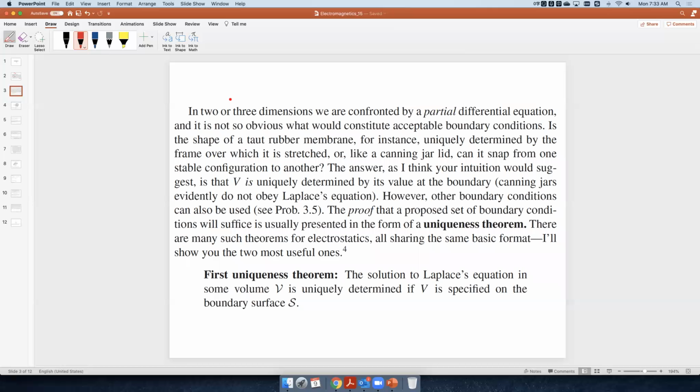In two- or three-dimensional cases, we're confronted by a partial differential equation, which becomes more complicated. And it's not so obvious what would constitute acceptable boundary conditions. Think of the shape of a rubber membrane.